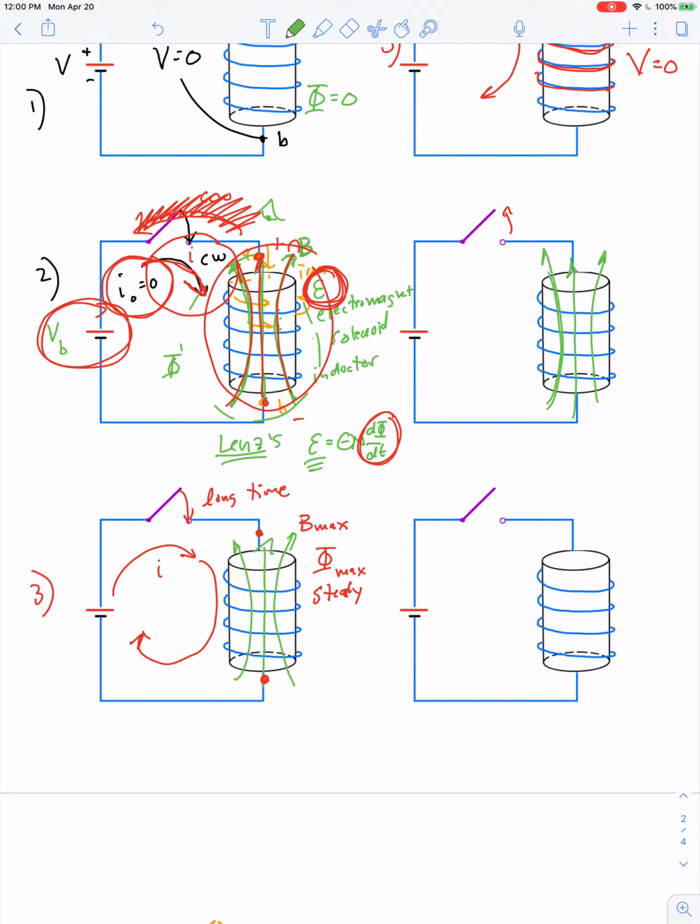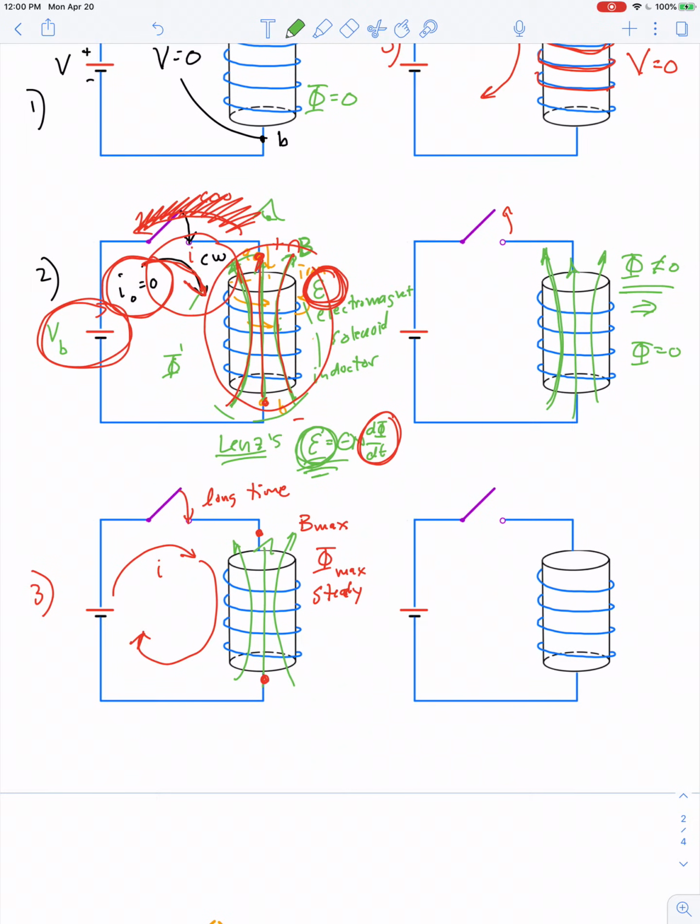If these field lines were to suddenly disappear, we'd go from a case of having some non-zero flux to suddenly having 0 flux. Well, you can't make that change in flux without a voltage being induced. And so the voltage, in this case, would try to point in a direction that maintains the magnetic field or the flux that currently exists.